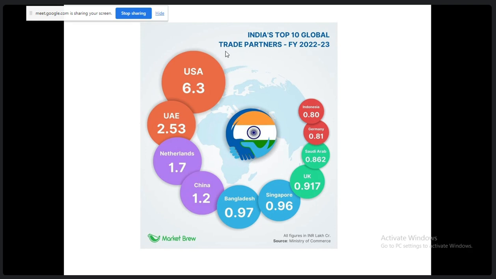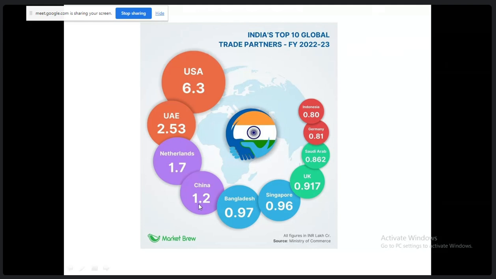So together we see that USA has been the largest trade partner of India, and UAE definitely, because we import heavily the fuel from the Middle Eastern countries.